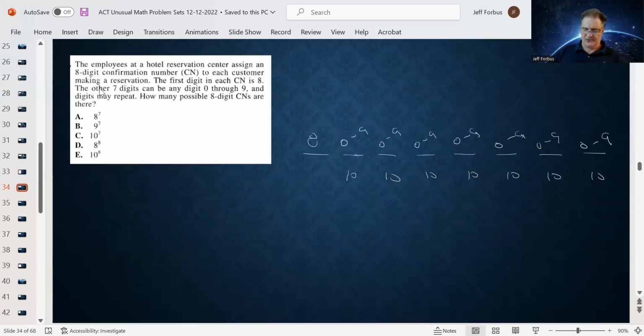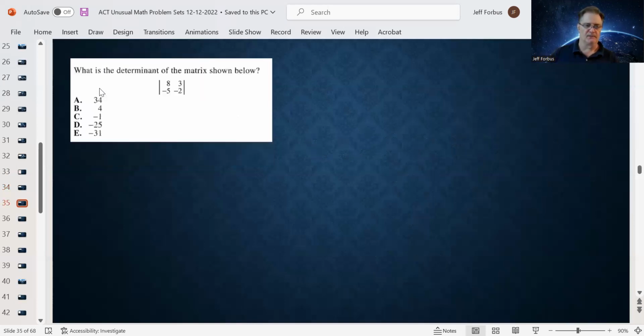So the only variation that you get with this number is with 1, 2, 3, 4, 5, 6, 7. These 7 sets of numbers. So that is 10 to the 7th. So how many possible 8-digit confirmation numbers are there? 10 to the 7th numbers. Answer choice C. Let's move on to the next one.